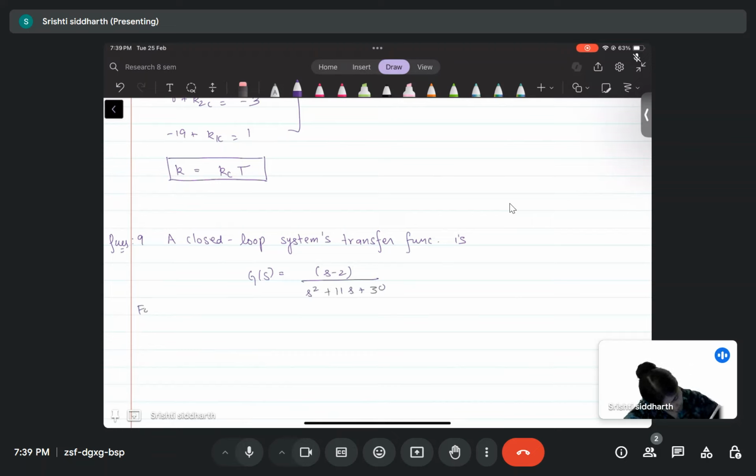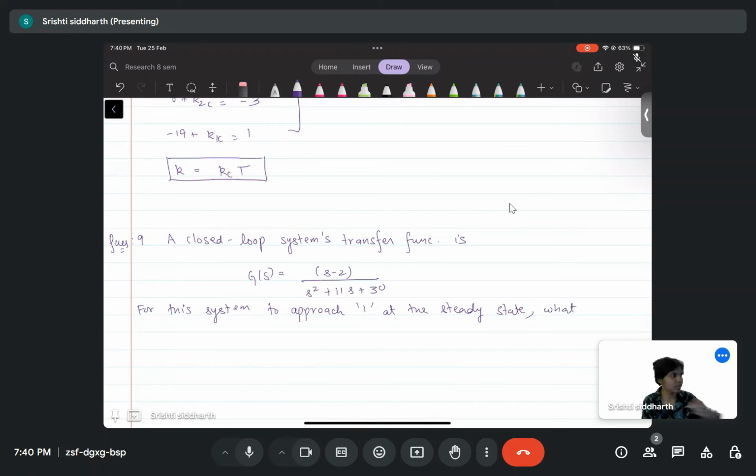So for this system to approach 1 at the steady state, we need the feed forward gain.